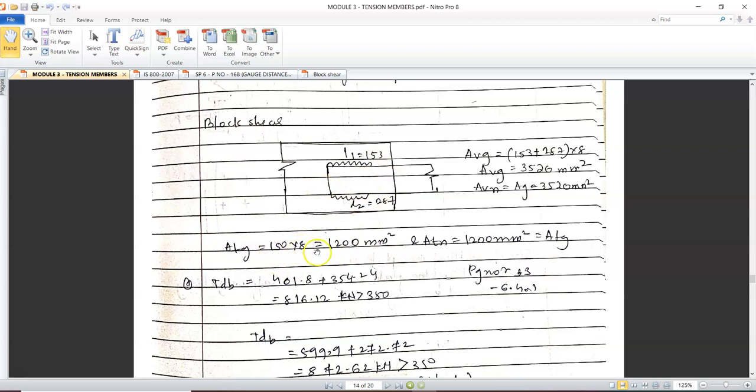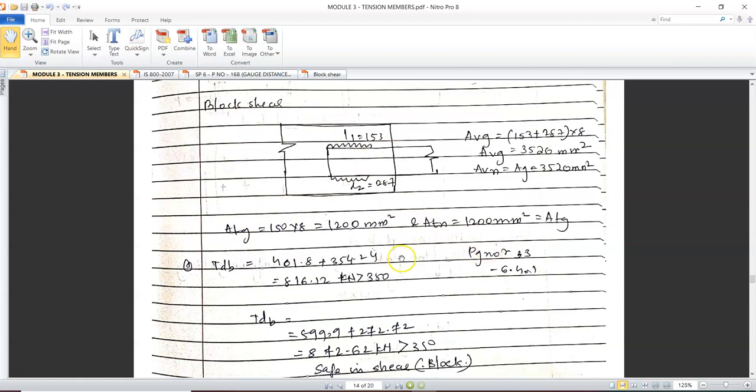That is 150 into 8, that is 1200 square mm, and Atn also will remain the same since there are no bolt holes. Avg and Avn are both 3520, and Atg and Atn are both 1200.